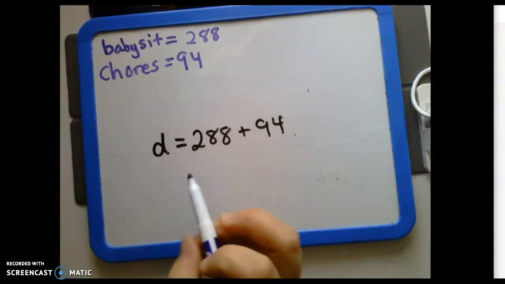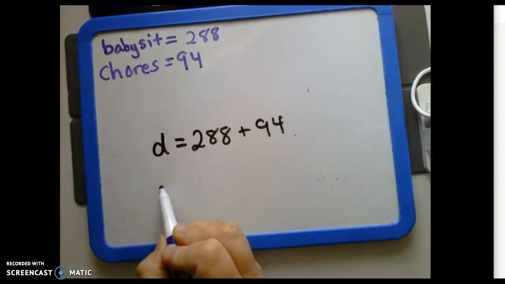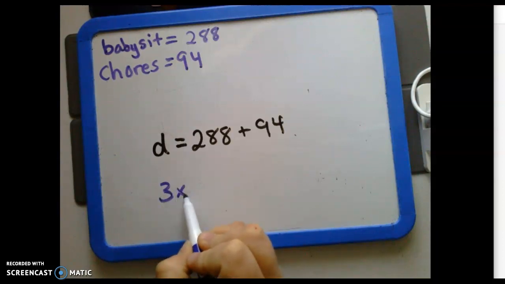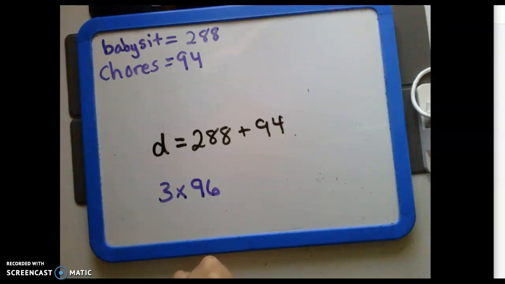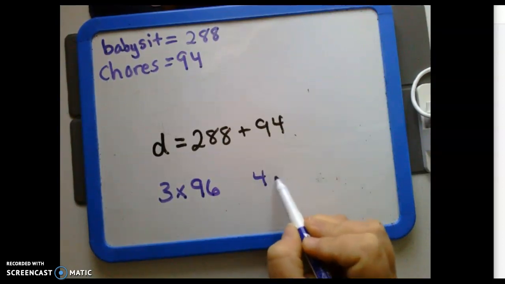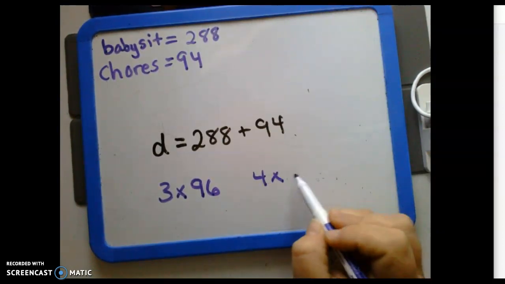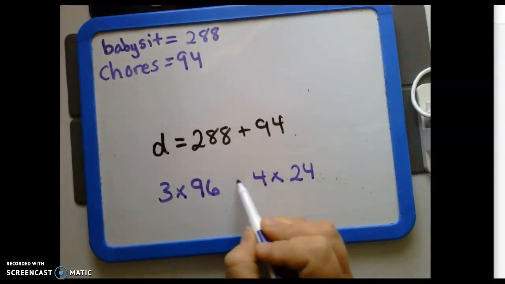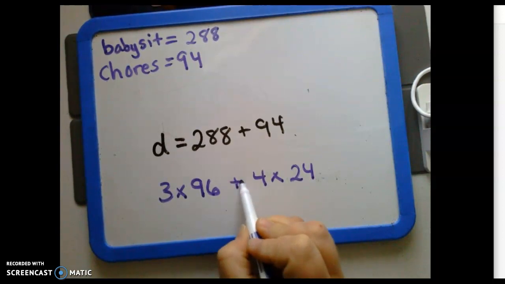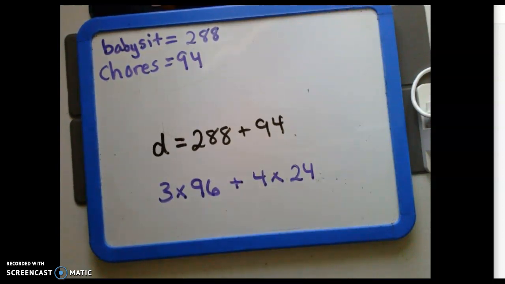Eloise has 3 weeks that she earned $96, and for 4 weeks she earned $24. If we had to know the total, we'd have to add those answers together.